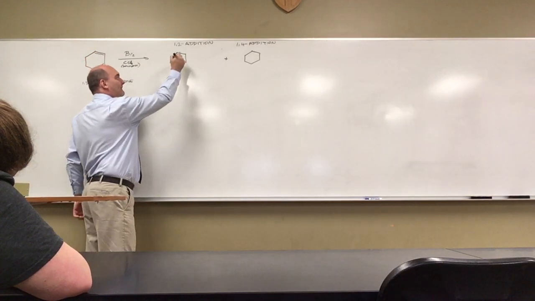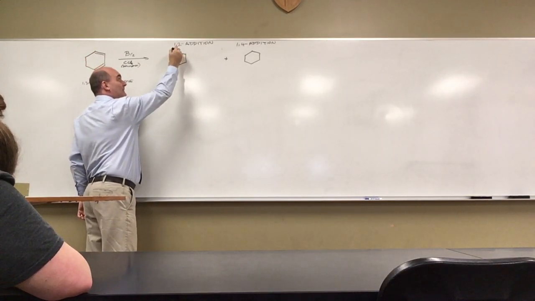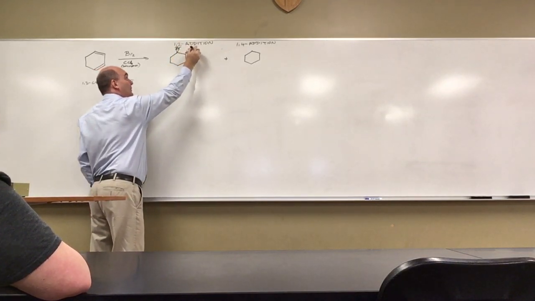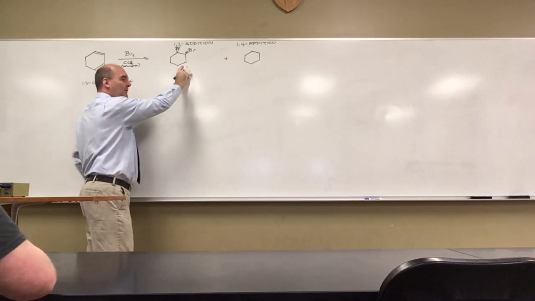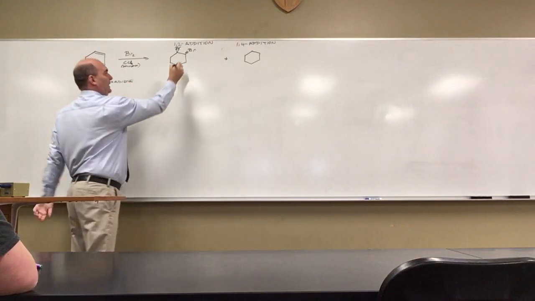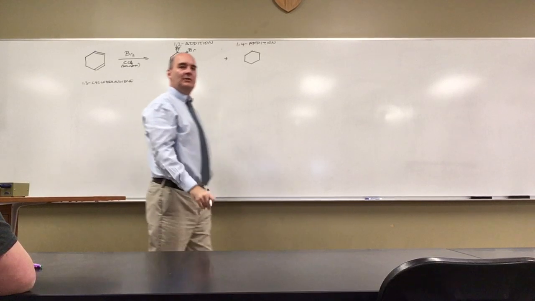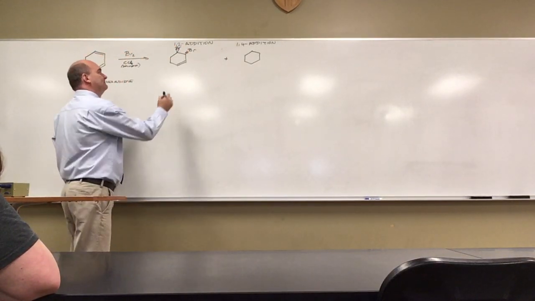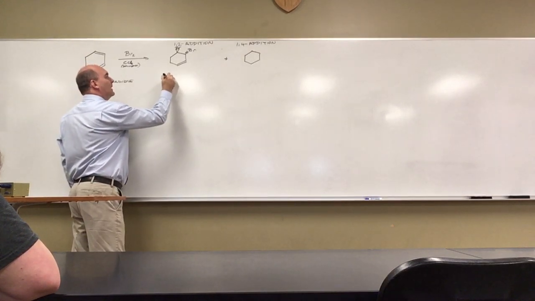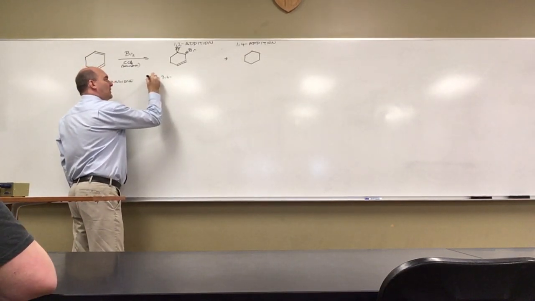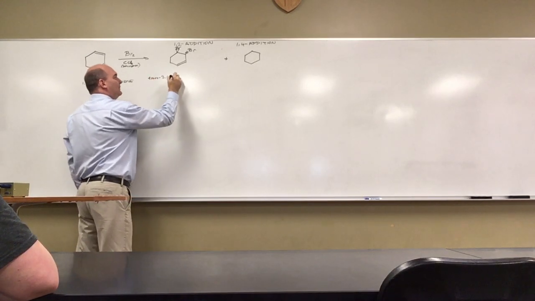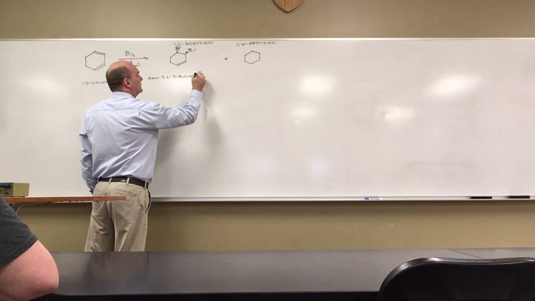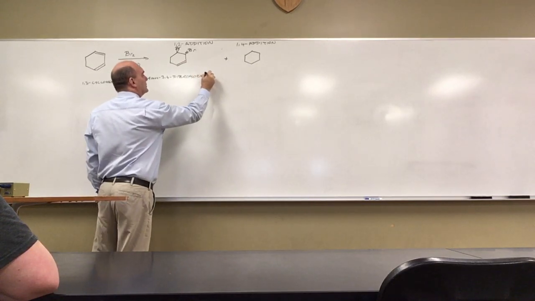How would I demonstrate that? There's a bromo, and there's a bromo. And what happens to this double bond? Stays. Yep. That's the product of my 1,2 addition. So its name would be trans-3,4-dibromocyclohexene.